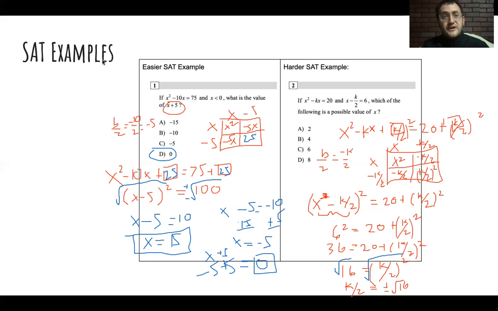We noticed that we have all positive, so we can just focus on the positive case. So I have k over 2 equals 4, which means that k must equal 8.